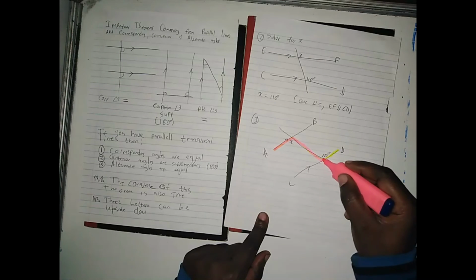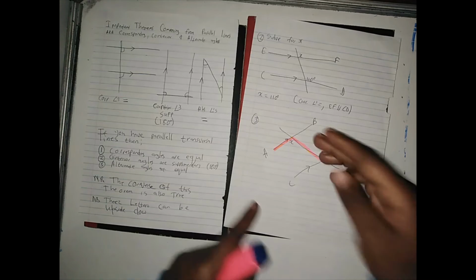Now, when something is a Z shape, what do you know about it? There is this angle and then this angle.